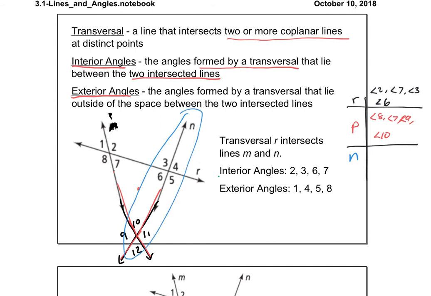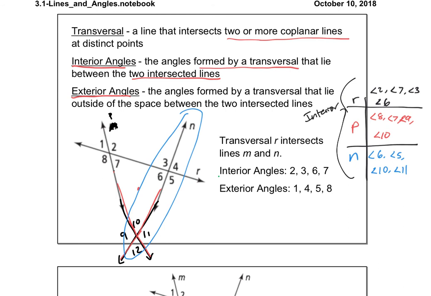Okay, because these are the only ones that lie on transversal N, and I'd be looking for the angles that are inside of lines P and R. In which case, it would be angle 6, angle 5, angle 10, and angle 11. Because those angles lie inside of P and R and are on transversal N. All right, so these are our interior angles.